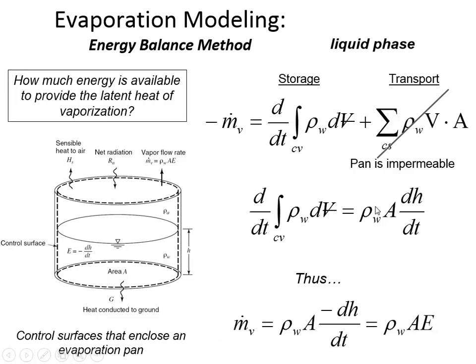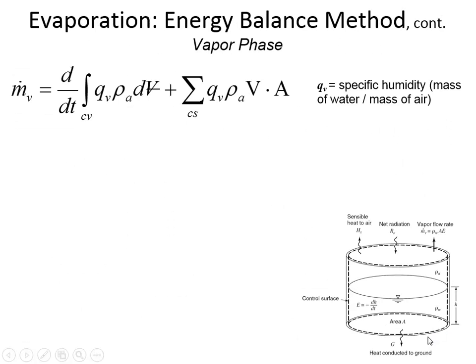So basically what it all simplifies down to is you can know the mass flow rate of vapor out of a pan if you know the density of water, the cross-sectional area of the pan, and then the evaporation rate, the E.